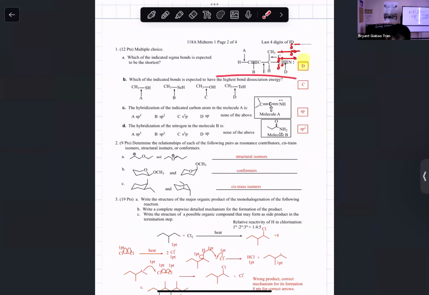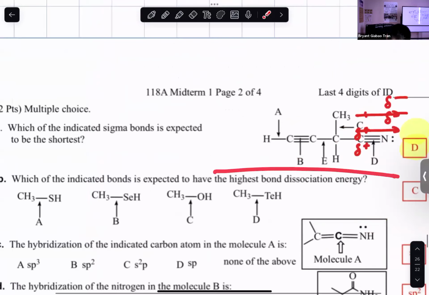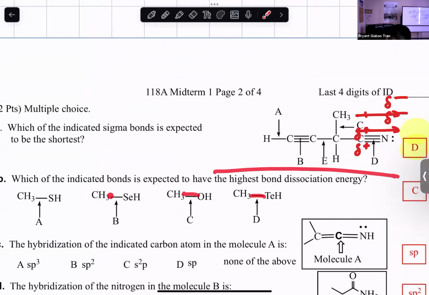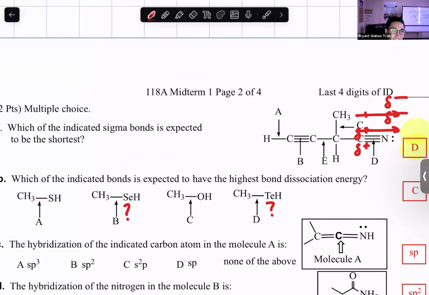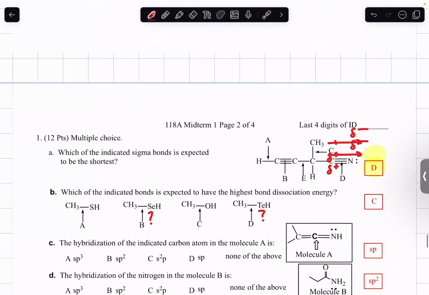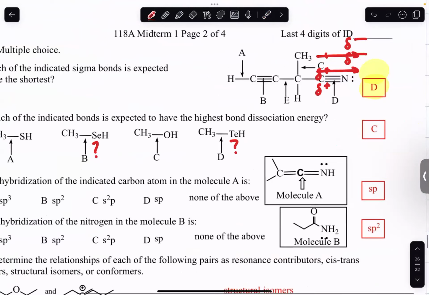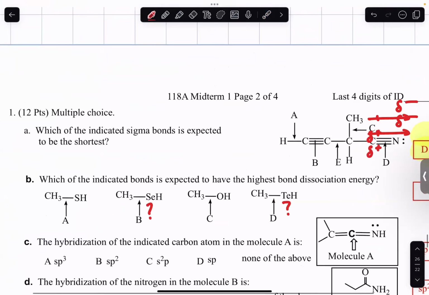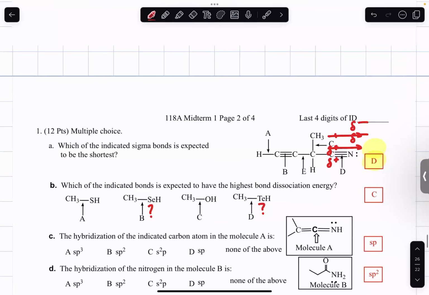Highest bond dissociation energy. I think it has to be C. Yeah, I've never seen Se or Te before, so I'm not too sure of this one. Well, those are all within the same row, I think, because oxygen is on top, then sulfur, then selenium, then tellurium.